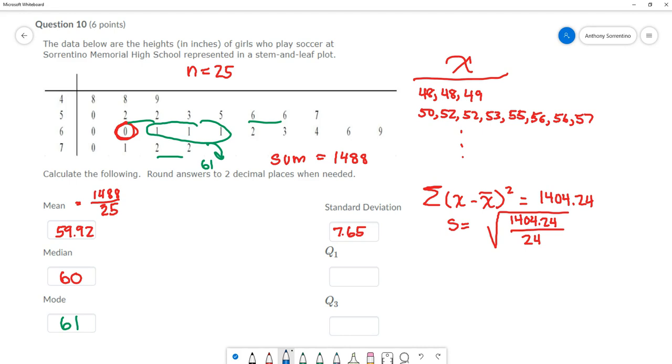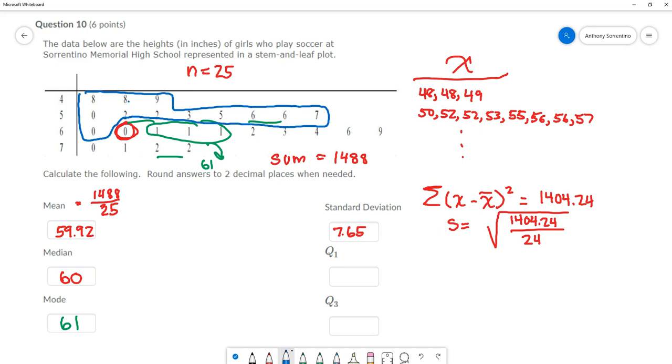Now, these numbers here represent the first half, and so Q1 should be the median of that. There are 12 terms in there. If I take 12 divided by 2, I get 6. And so the 6th and 7th terms are what I'd be looking for as my Q1.